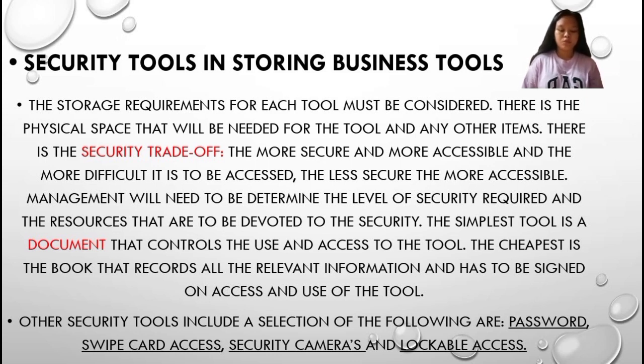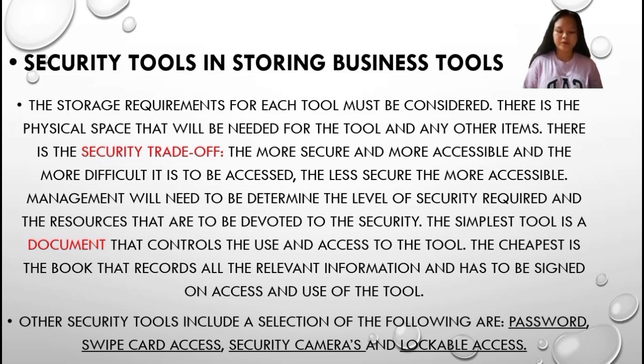Management will need to determine the level of security required and the resources that are to be devoted to the security. The simplest tool is a document that controls the use and access to the tool.